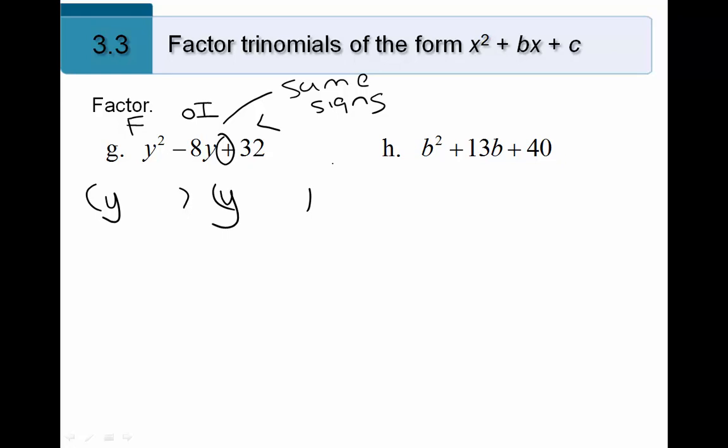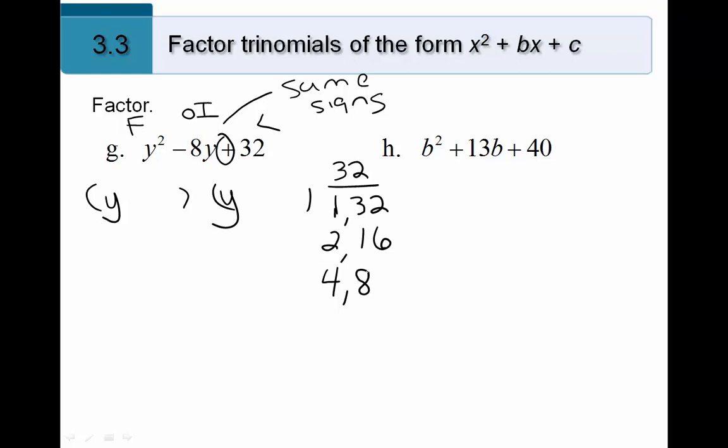My factors of 32: 1 and 32, 2 and 16, and 4 and 8. And notice my signs are the same, so I'm adding them up.